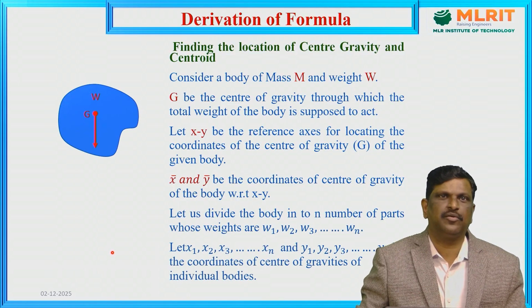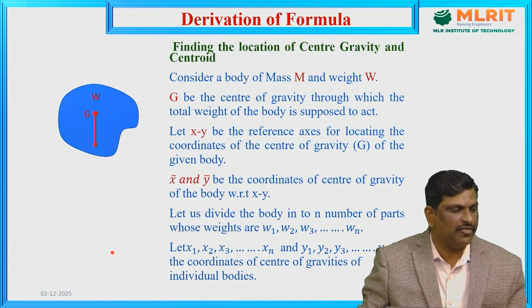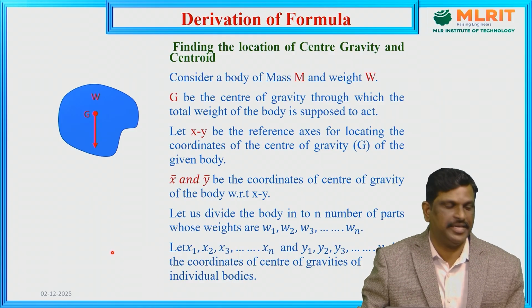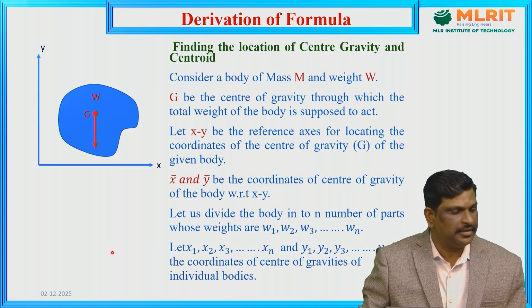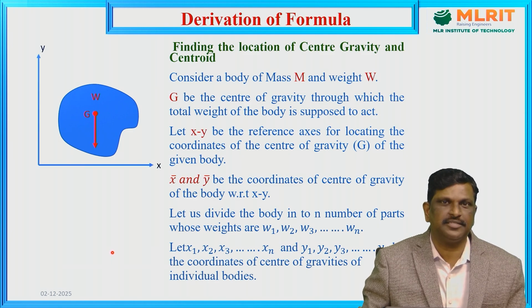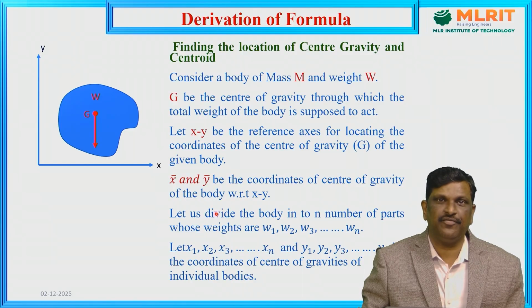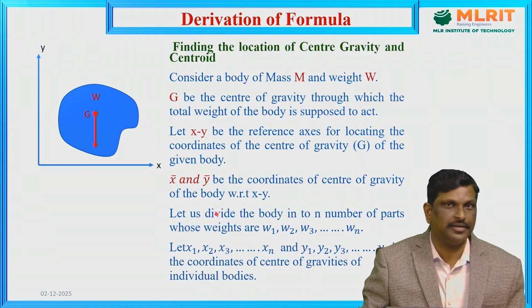See, all these points are shown in the figure. The body of mass m and weight W, and G is the center of gravity through which the total weight W is acting, and x and y are the reference axes for locating the center of gravity of the given body, and x bar and y bar are the coordinates of the center of gravity with reference to the taken axes.